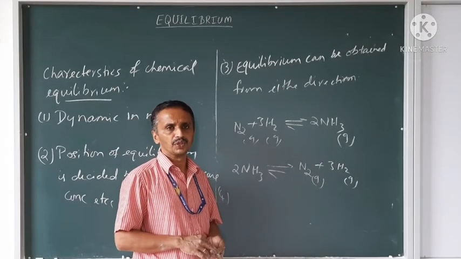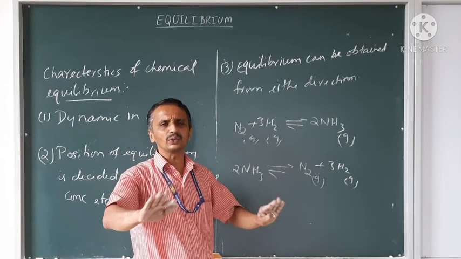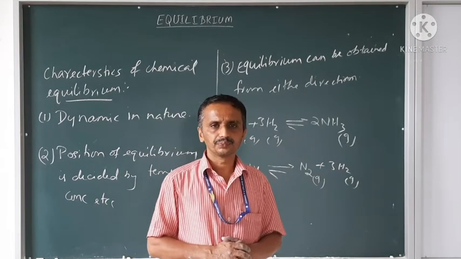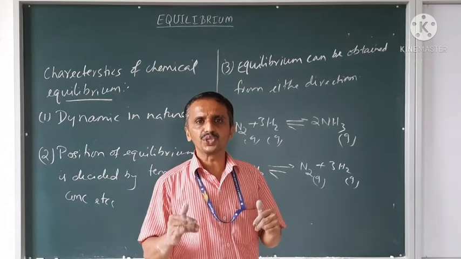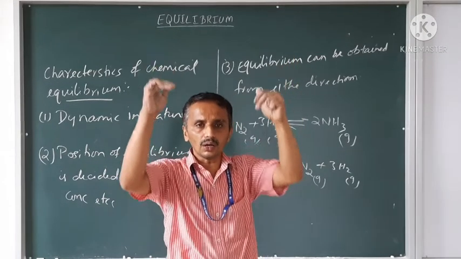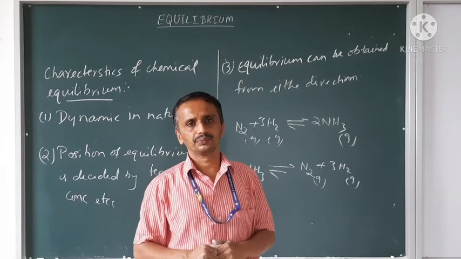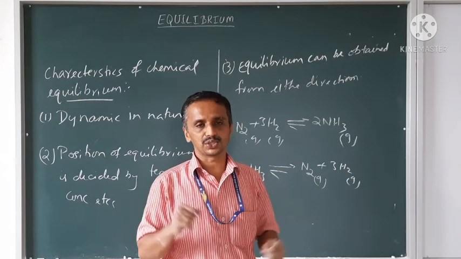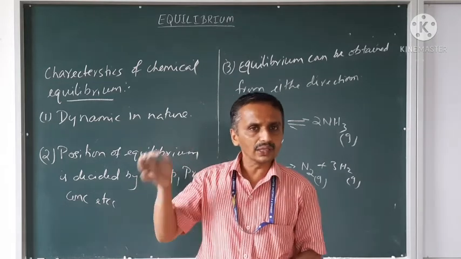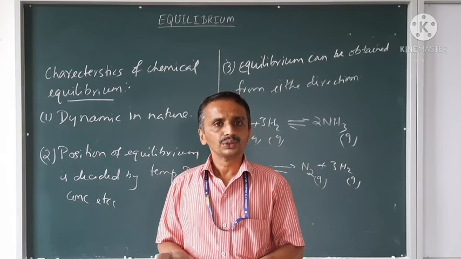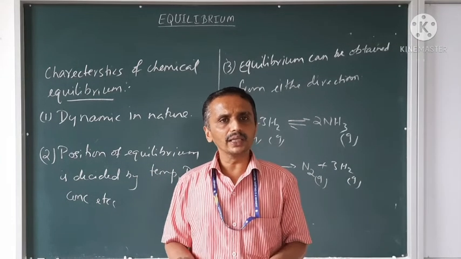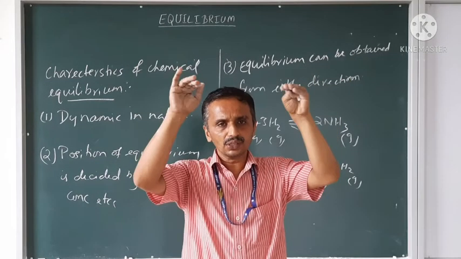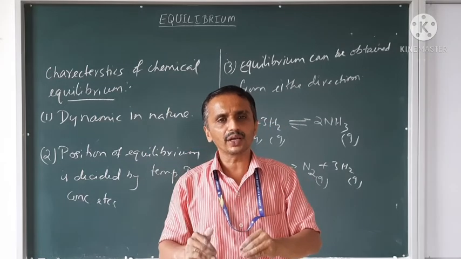Catalyst. See, a catalyst will not do anything to the equilibrium. So you know the meaning of a catalyst: substances which increase or decrease the rate of reaction without themselves undergoing any changes. So depending upon the catalyst used, the rate of the reaction is going to be increased if it is a positive catalyst, or if it is a negative catalyst, the rate of the reaction is going to be decreased.